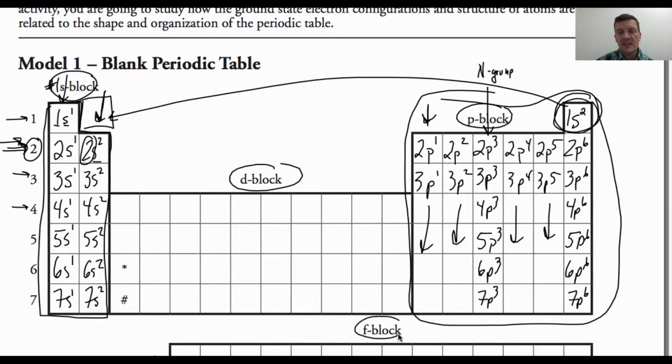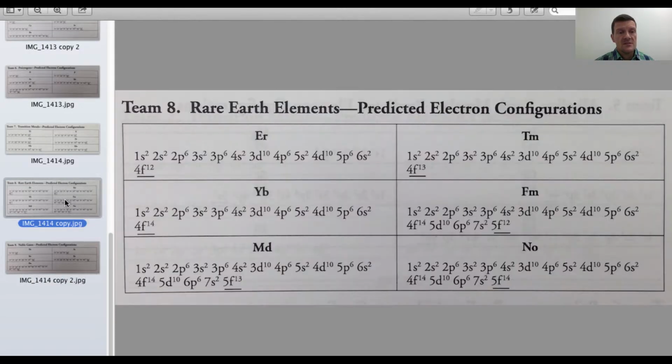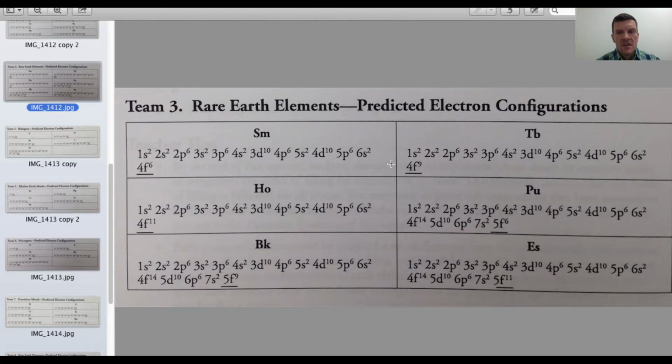And down here you've got the F block, because that's where the F orbitals are being filled. We can see that when we look at our different groups here. For example, you've got the rare earth elements, and you can see we're filling the F orbitals with these elements.